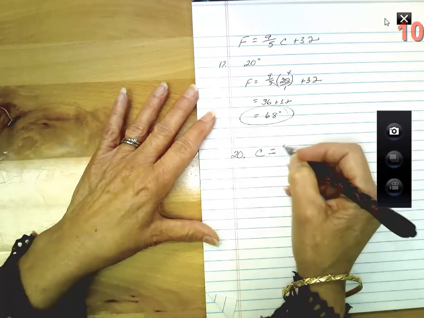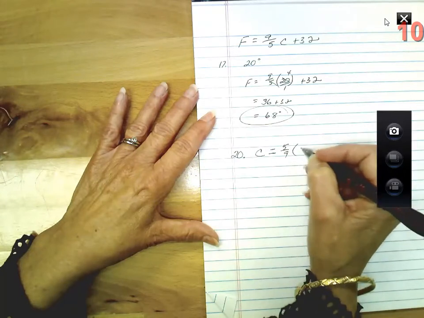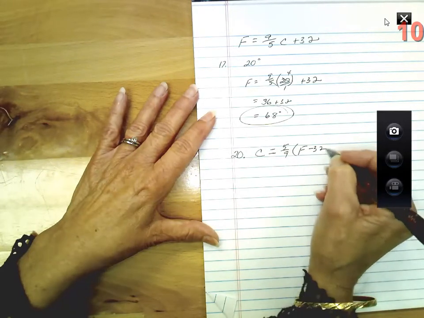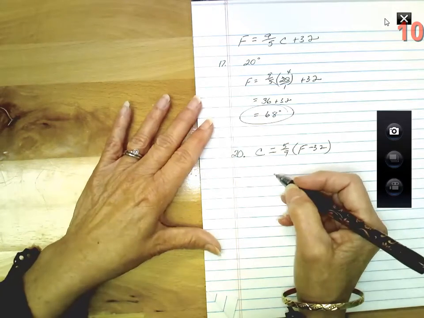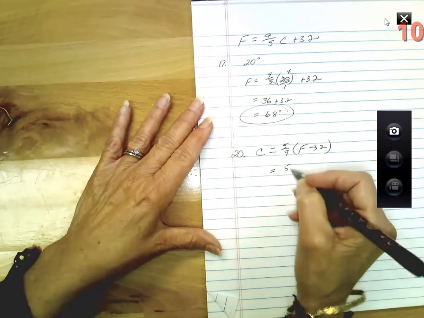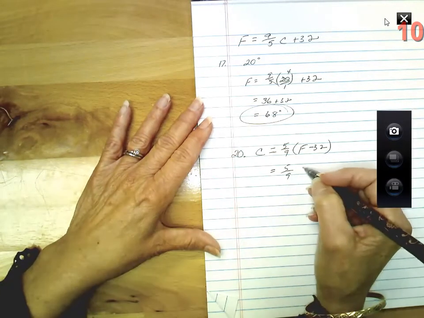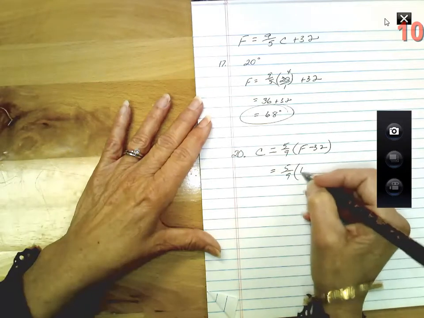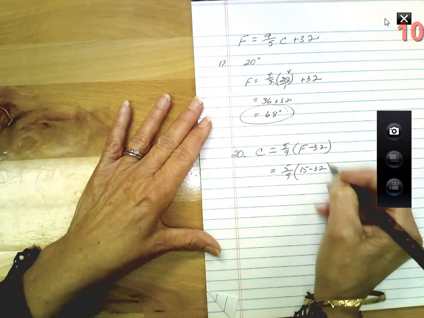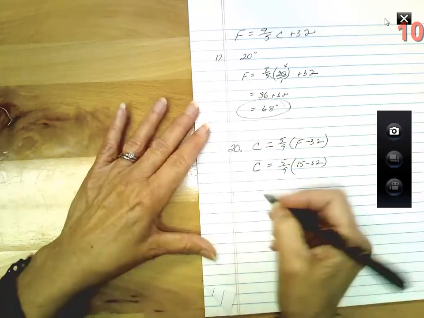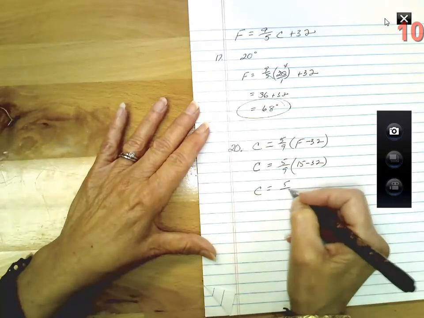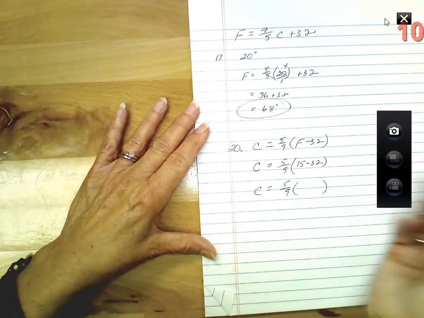C equals 5/9 times F minus 32. So in this one, oh wait a minute, no, it's 15. 15 minus 32. It's going to give us what it is in Celsius. So first I have to do 15 minus 32.